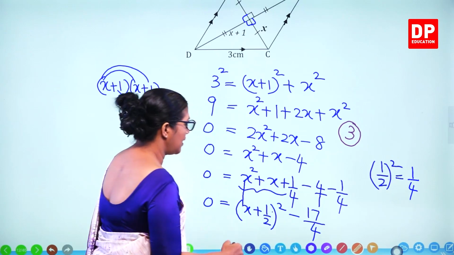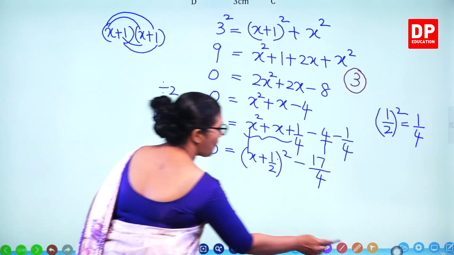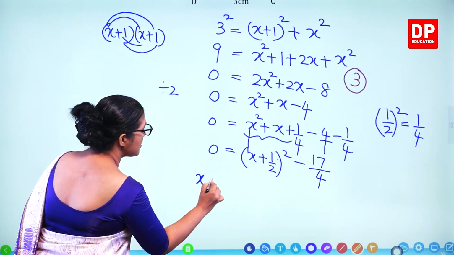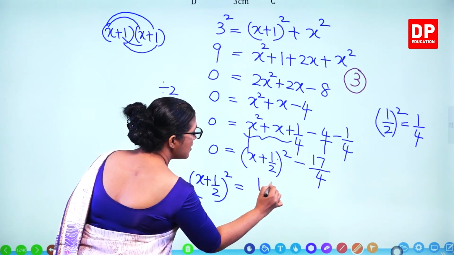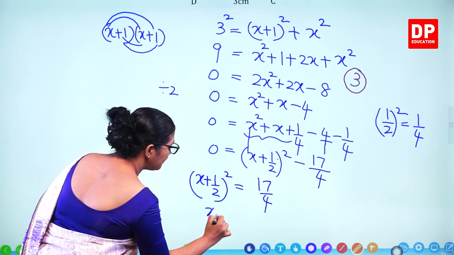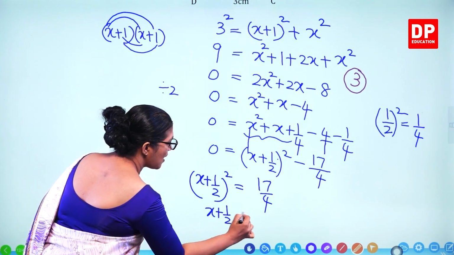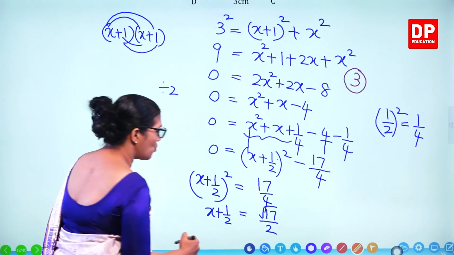Now, take it to the other side. You get x plus half squared is equal to 17 over 4. Take square root on both sides. x plus half is root 17 over 2.